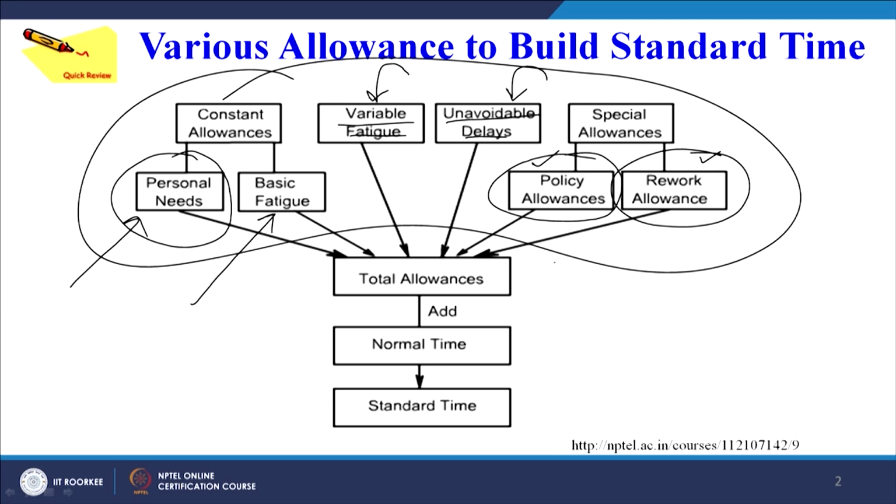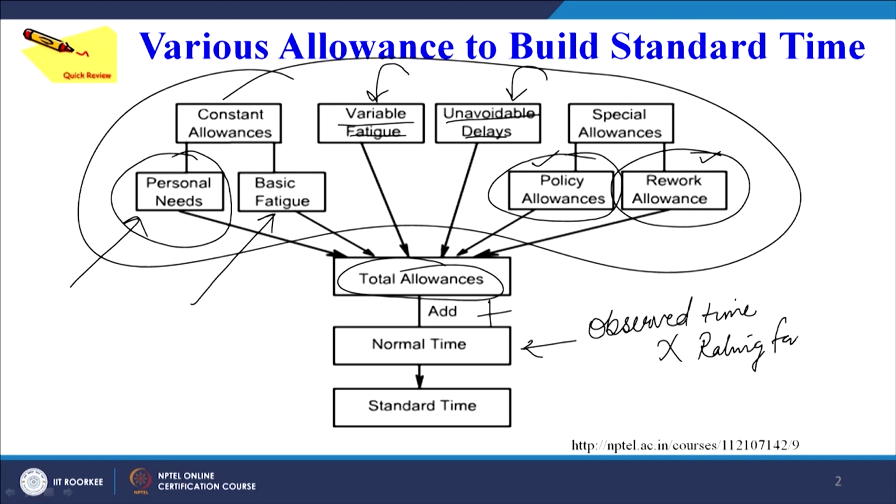All these allowances have to be taken into account. They give us the total allowances which have to be given when we add them to the normal time which we have already calculated. Normal time, if you all remember, is calculated as the observed time multiplied by the rating factor, so we can very easily get the normal time.